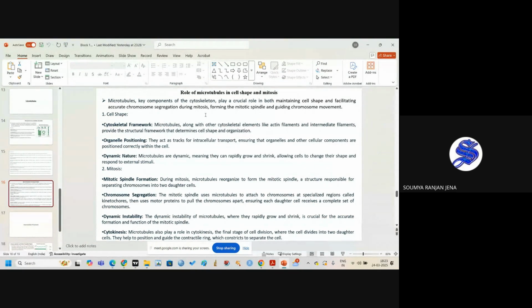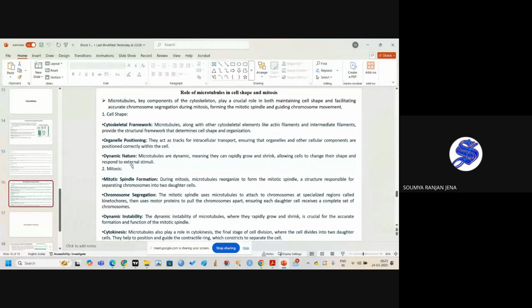Microtubules are key components of the cytoskeleton and, with the help of microfilaments, play a crucial role both in maintaining cell shape and facilitating accurate chromosome segregation during mitosis, forming the mitotic spindle and guiding chromosome movement. For the movement of chromosomes from the centromere to the central part, for the segregation of 46 chromosomes into 23 and 23, the mitotic spindle is responsible.